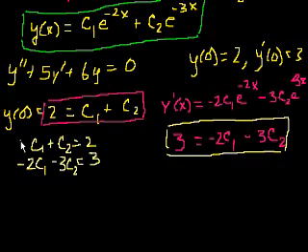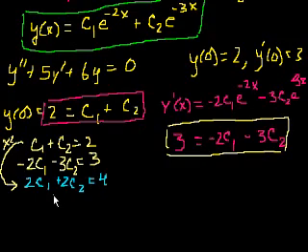So what can we do? Let's multiply this top equation by 2. There's a ton of ways to solve this, but if you multiply the top equation times 2, I'll do this in a different color just so it's changed. I'm just multiplying the top one by 2. You get 2c1 plus 2c2 is equal to 4.